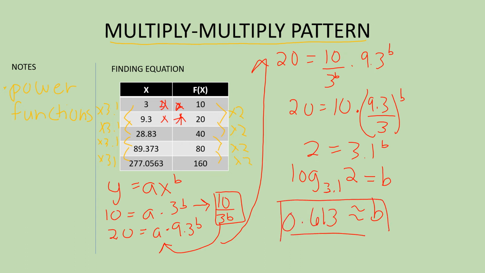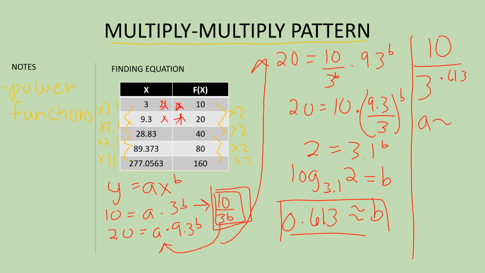Once we have our b, we are going to plug that back in. So we would have 10 over 3 to the 0.613, and you are going to get a approximately equal to 5.099.